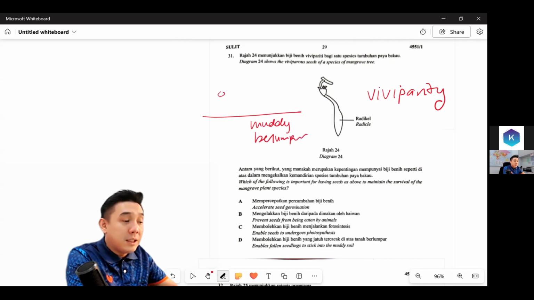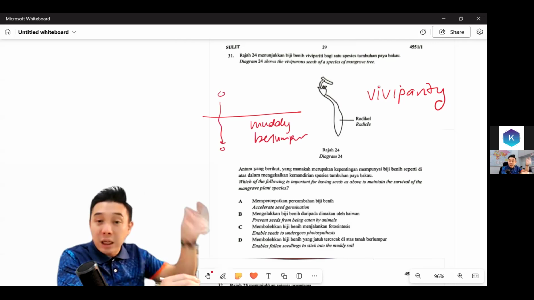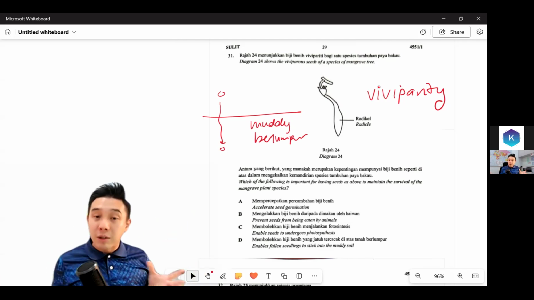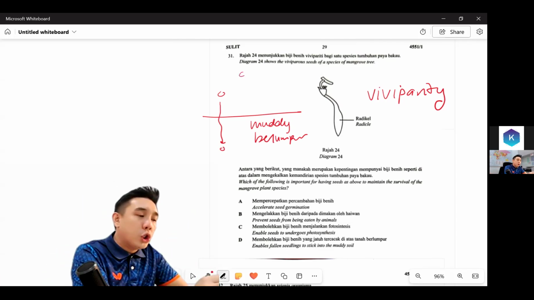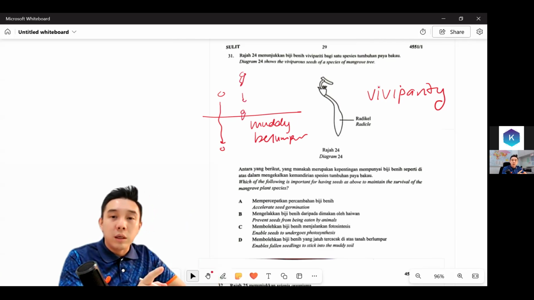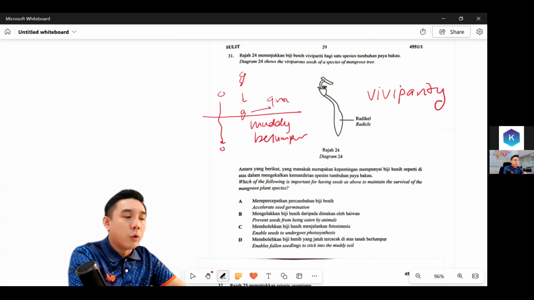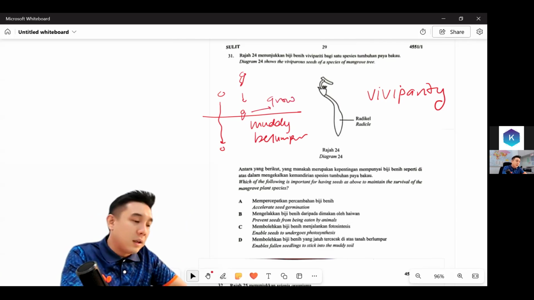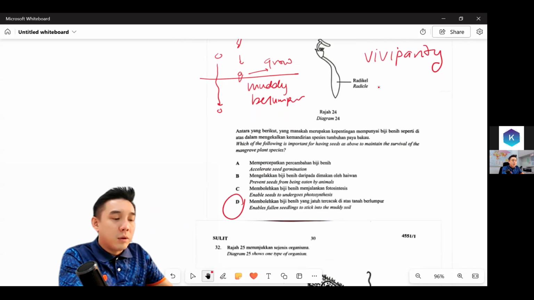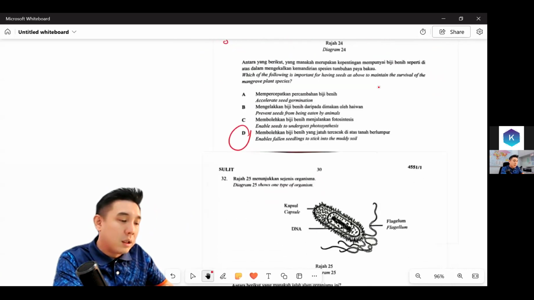So apabila biji benih jatuh, ini akan jatuh dengan mendalam, tak boleh bercambah. So they have to germinate first. When they fall, they will hold on to the ground, and then from here it will grow. So for 31, the answer is D. It is able to stick to the muddy soil.